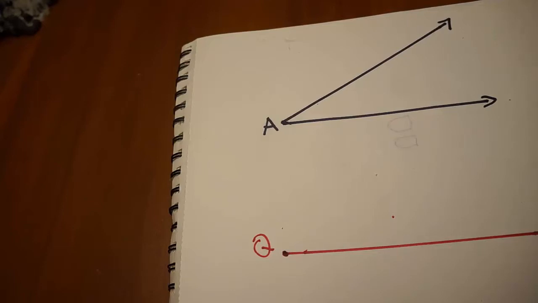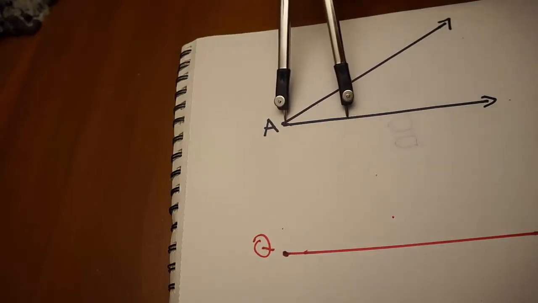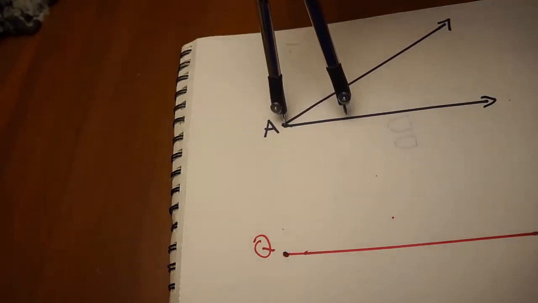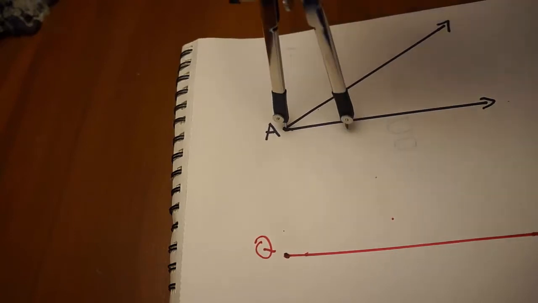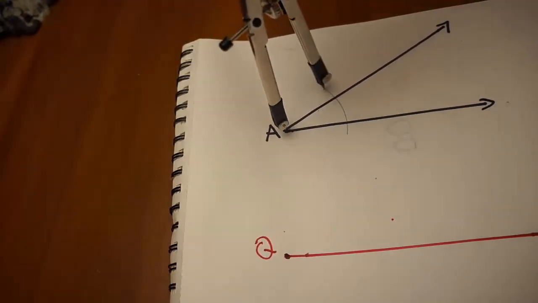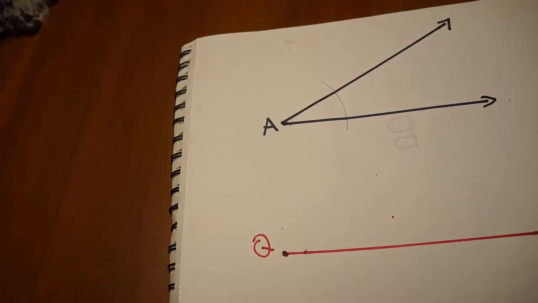I'm going to put the compass point on A, and draw an arc that passes through both rays of angle A.